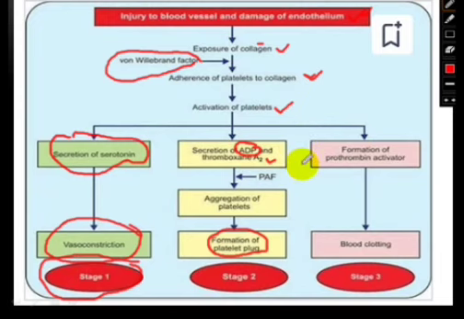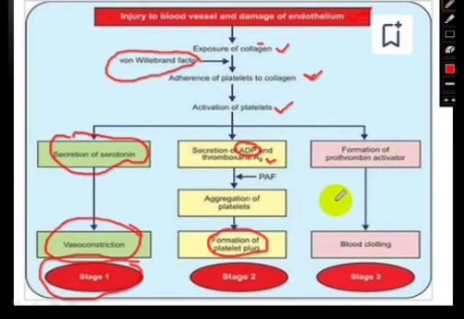These two substances will begin to attract or mobilize more platelets to the injured sites. I repeat, the secretion of ADP and thromboxane A2 causes mobilization of more platelets to the injured site.